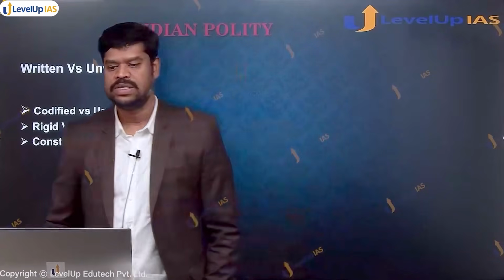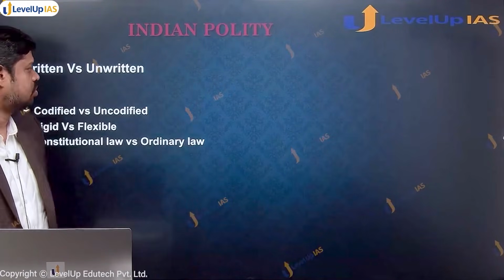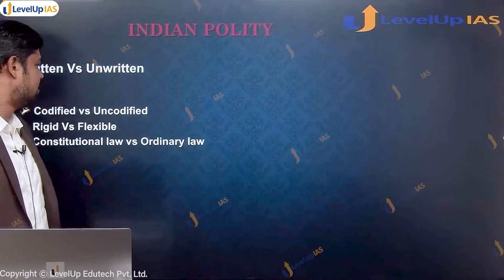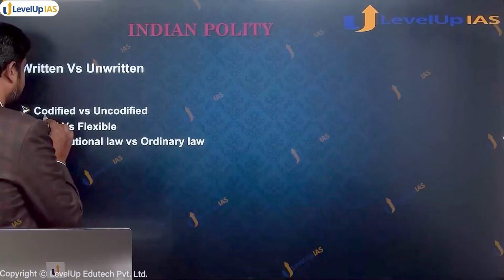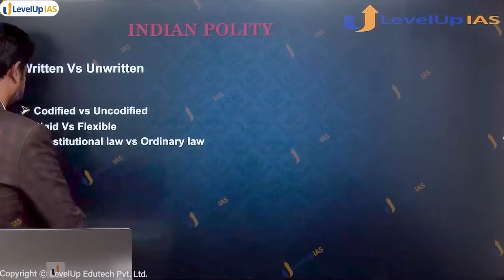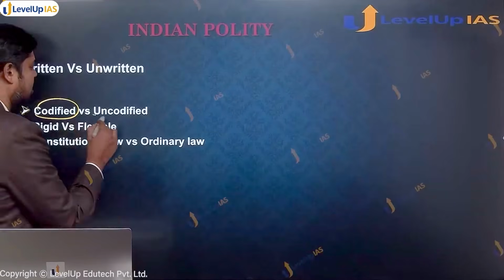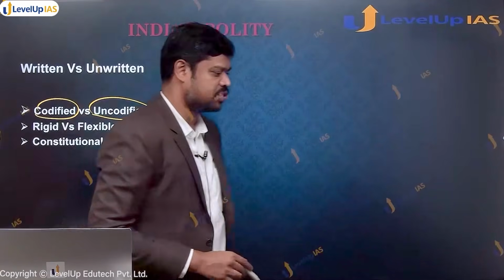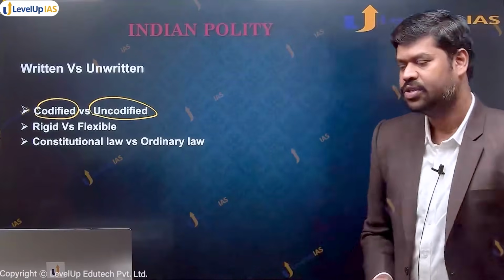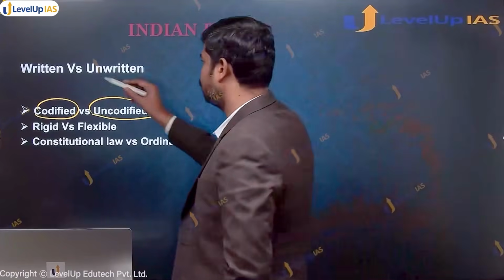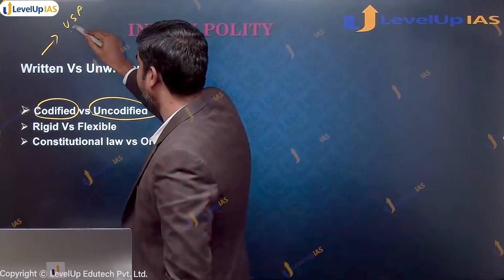So what is the difference between a written and an unwritten constitution? The basic fundamental difference is that written constitutions are codified in nature and unwritten constitutions are uncodified in nature. What does it mean by codified and uncodified? For written constitutions, I give the example of the Constitution of the USA and the Indian Constitution.